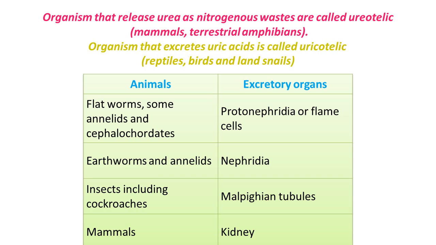Malpighian tubules are present in insects including cockroaches, and a pair of kidneys is present in the body of mammals as an excretory organ. The main function of this kind of excretory organ is to remove excretory products from the body, which are harmful for animals.